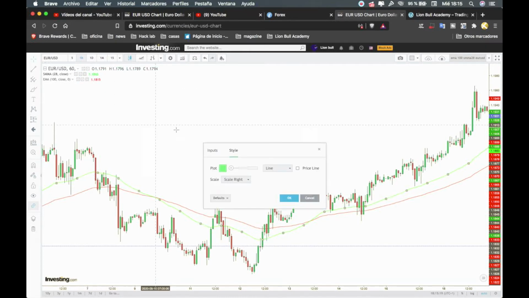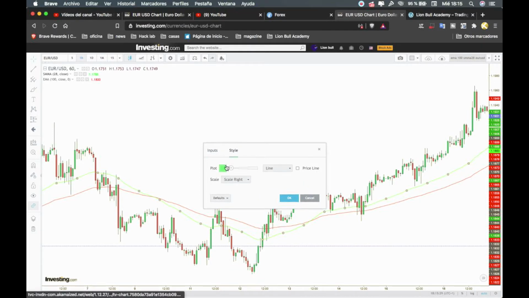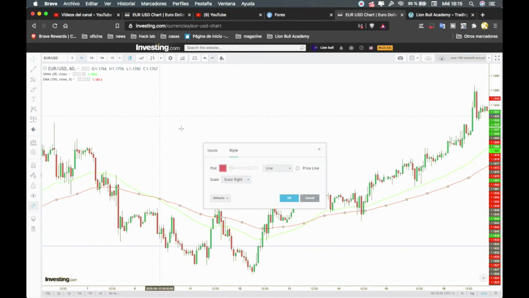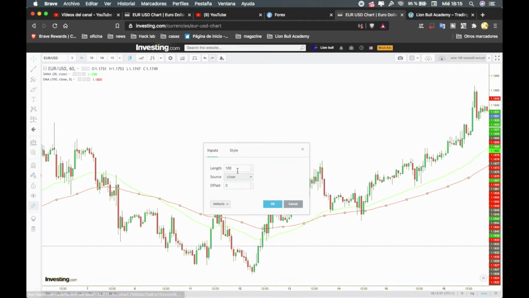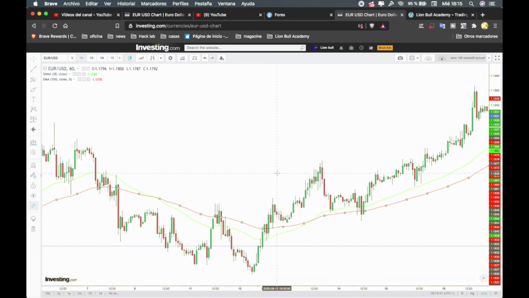We configure the SMMA, the smoothed moving average, with a length of 28, meaning 28 periods, in green, and click OK. Then we take the exponential moving average, the EMA, we put the length, the period, at 100, and make it red. And we are ready to go.